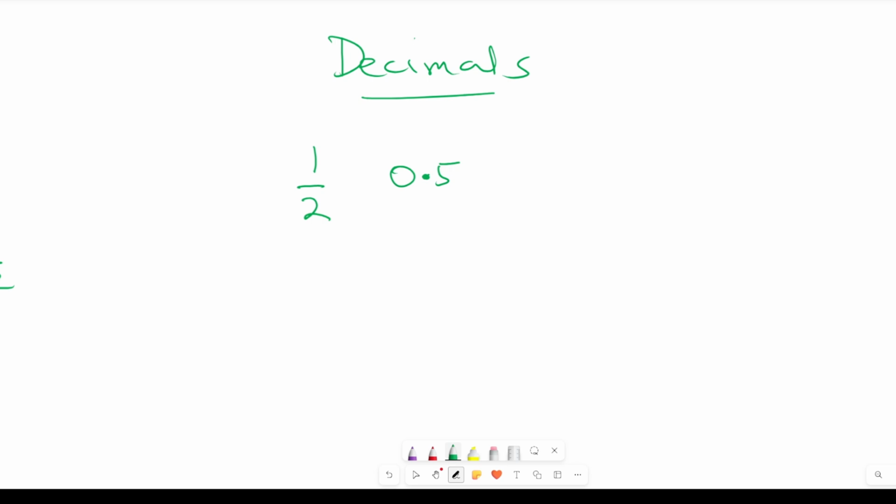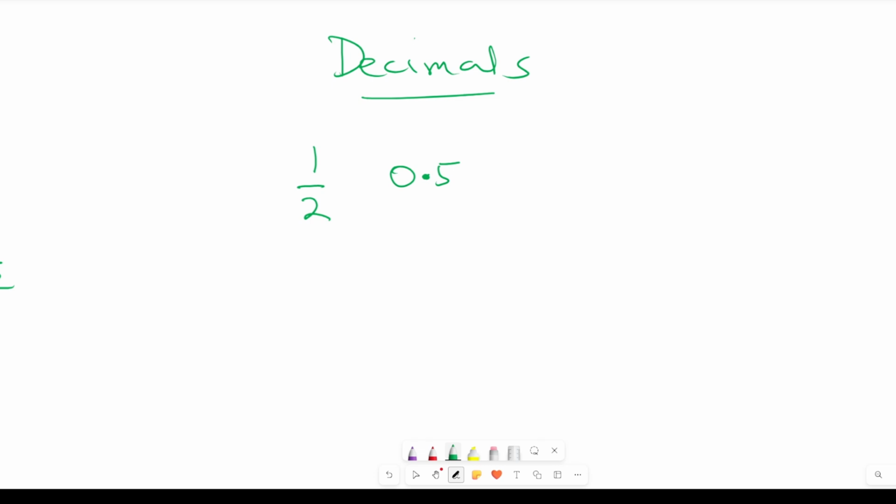Now, technically speaking, every number after the point defines what we call the decimal places, the number of decimal places. After the point, anything before the point is usually zero or a whole number.